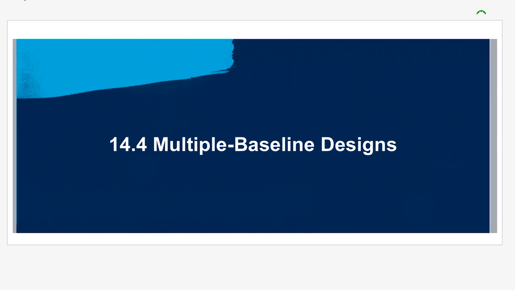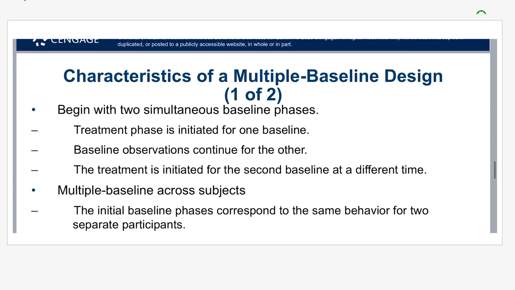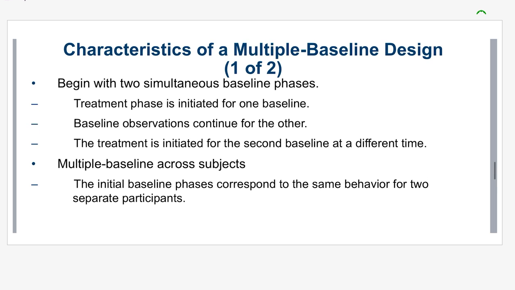So in those kinds of situations, we have to have a different kind of design, right? And so that is where the multiple baseline design comes in. It eliminates the need for that return to baseline, for that reversal component, but still enables you to show a replication part that would help demonstrate a clear cause and effect relationship.